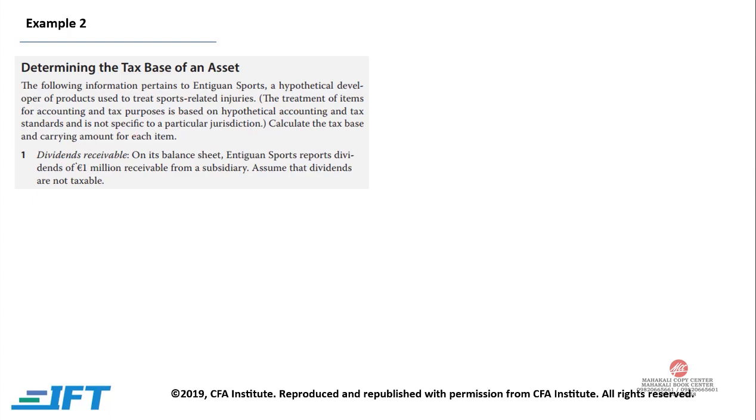The first one is dividend receivable. On its balance sheet, Antiguan Sport reports a dividend of 1 million receivable from a subsidiary. Assume that dividends are not taxable. Now, if dividends are not taxable, it's something that comes beyond net income. So your carrying amount and tax base would be the same because again there is no impact of taxes.